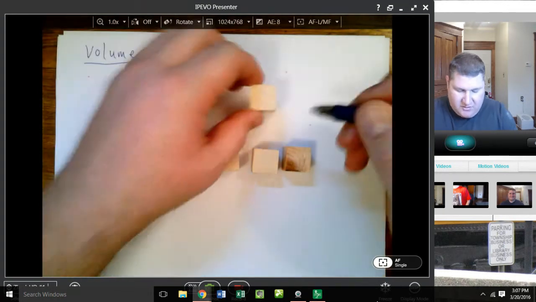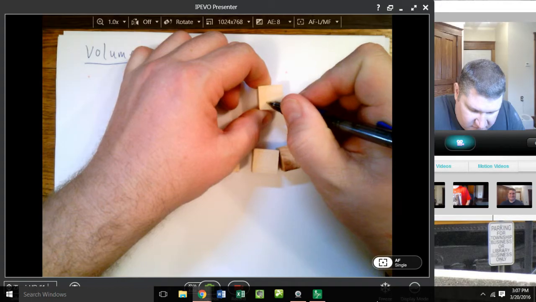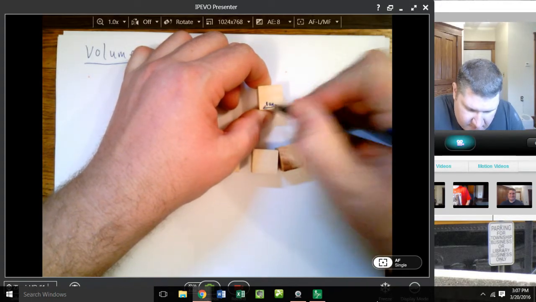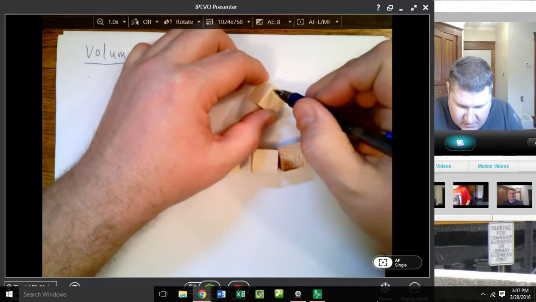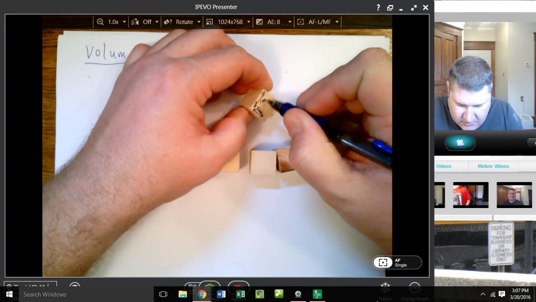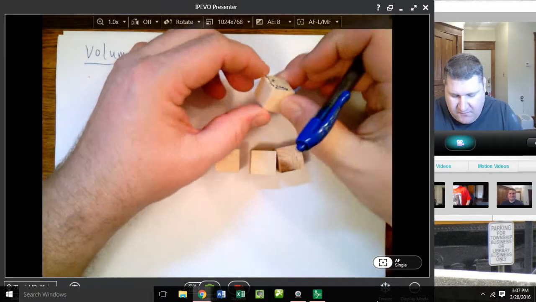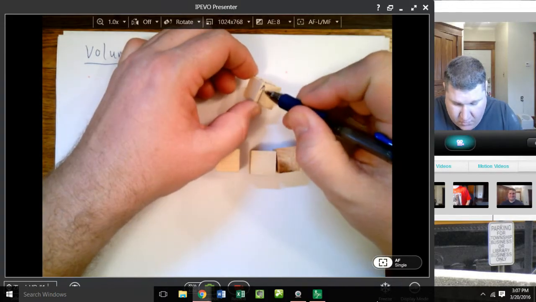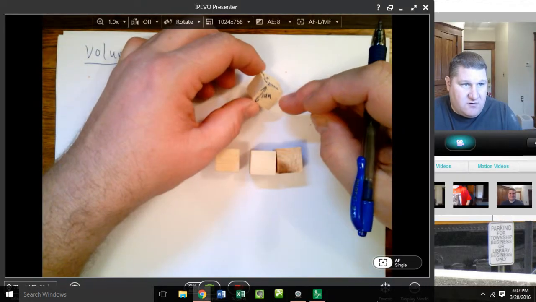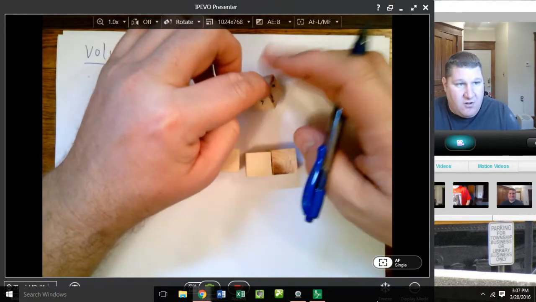Now, it's a cubic unit because this is 1 unit wide. It is 1 unit long. Here we go, 1 unit. And it would therefore also be 1 unit tall. So there we go. I have 1 unit by 1 unit by 1 unit, all right there.